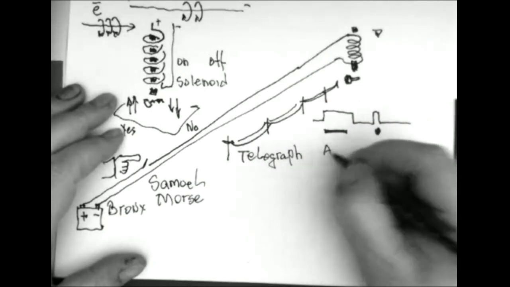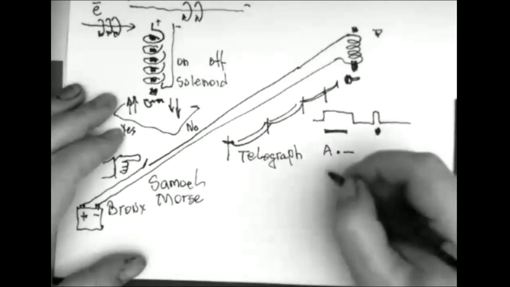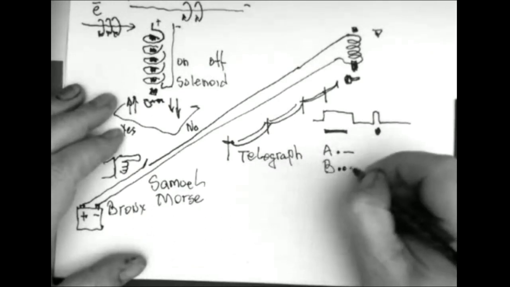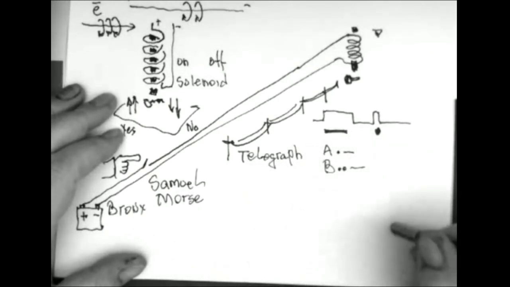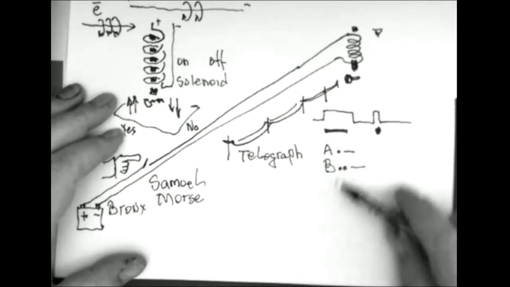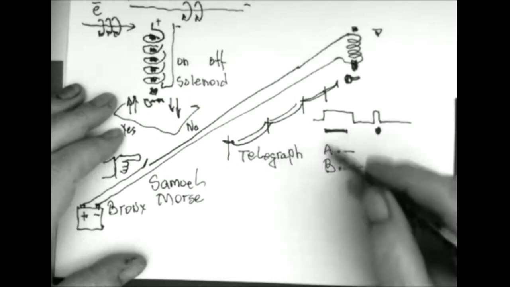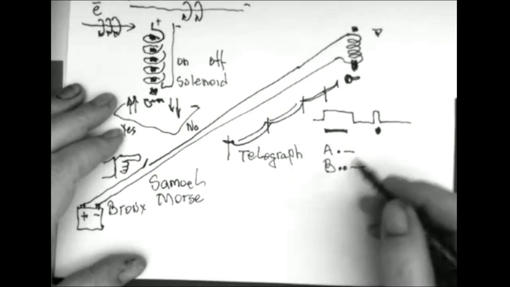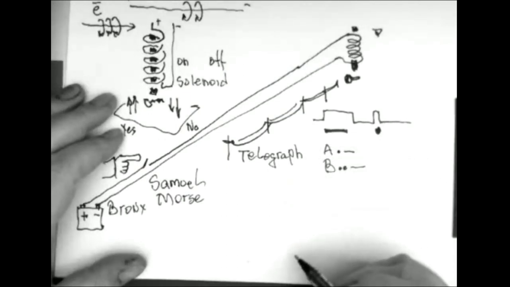Take a look. Letter A, dot and dash. Letter B, two dots and one dash. So letter A like this. Letter B like this. And the entire alphabet could be substituted with the notes, with the dots and dashes.